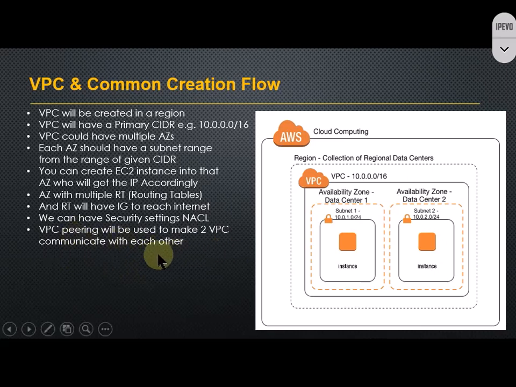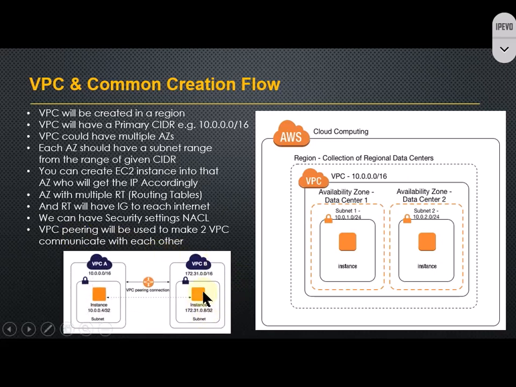So VPC peering, but what is it? I'm going to show you. Let's suppose this is one VPC, VPC A. Then we have VPC B. As you can see, VPC A has the CIDR block 10.0.0.0/16 and the other has 172.31.0.0/16. One has an instance and the other has another instance, and their IPs will be according to their VPC.